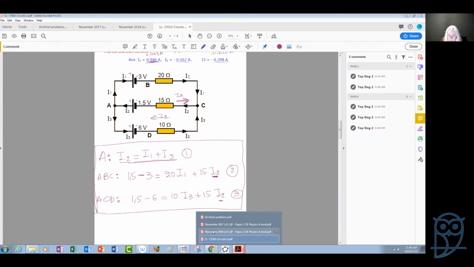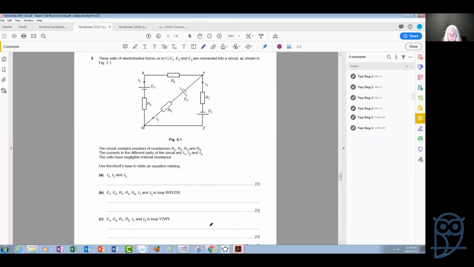Where is this? Let me find it. Is it this one? Yeah, this one. Look at this. This is from October, November 2017. This exam paper, let's see what it says.